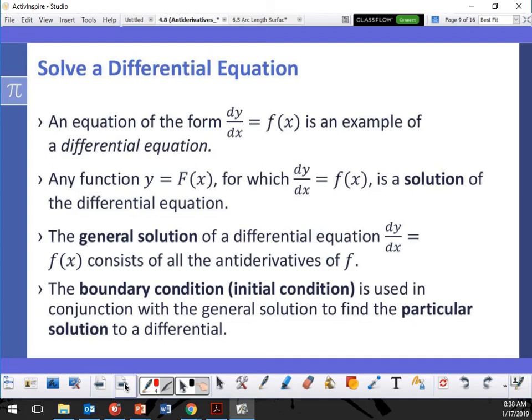This one right here, the general solution, is the one that says plus C. Then an initial condition is used in conjunction with the general solution to find a particular solution of the differential equation. What that means is we're going to figure out what C is. C could be all kinds of things, but we're going to find one of them.